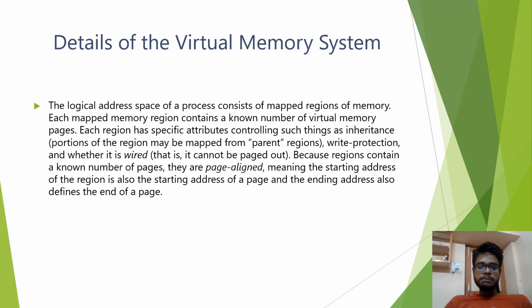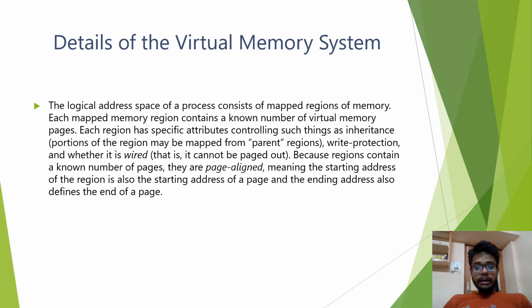The logical address space of a process consists of mapped regions of memory, and each mapped memory region contains a known number of virtual memory pages. Each region has specific attributes controlling such things as inheritance, portions of the region that may be mapped from a parent region, write protection, and whether it is wired.